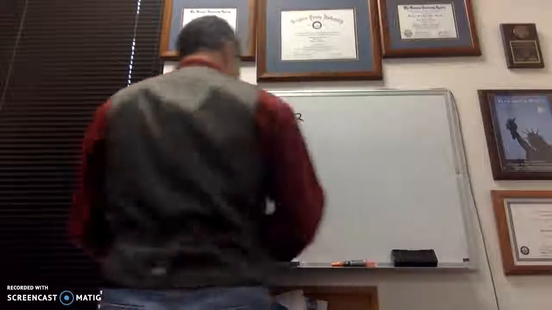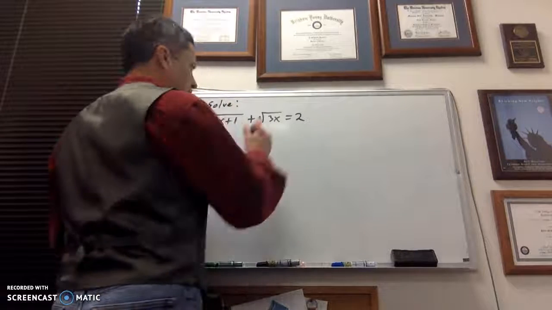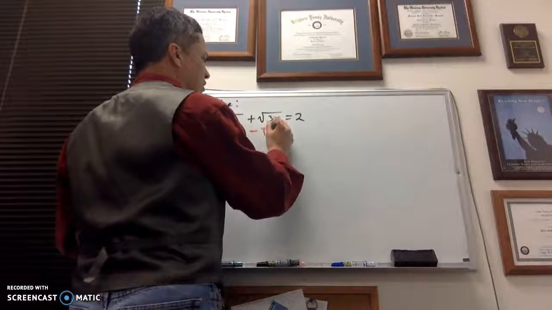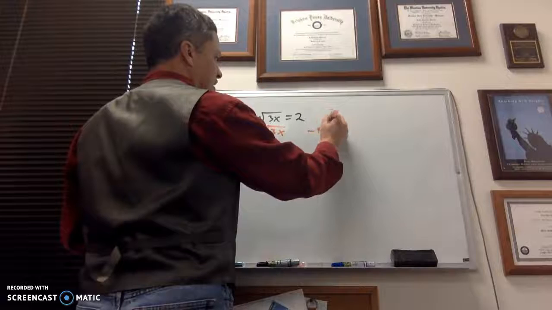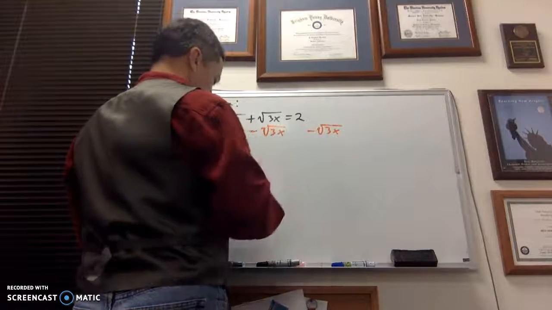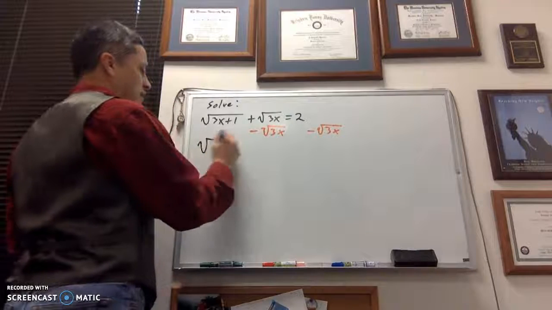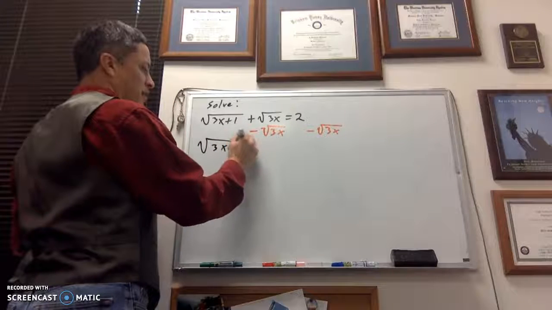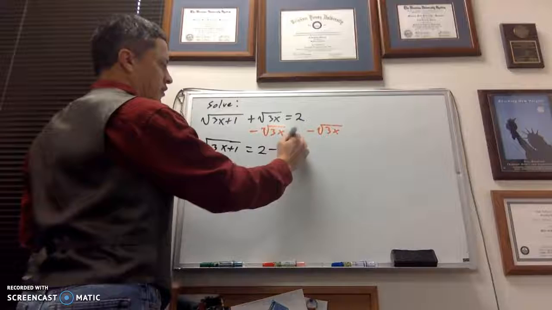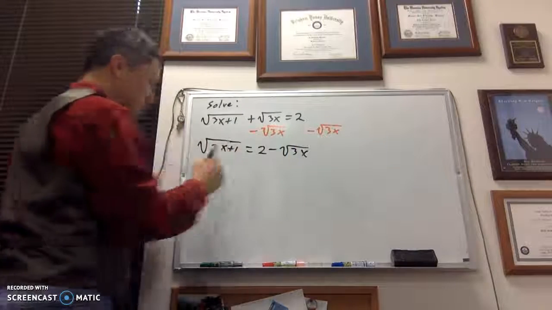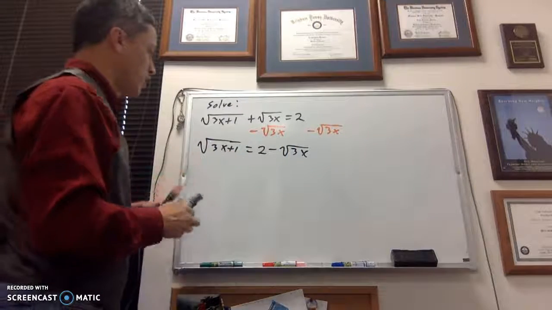Which means we're going to isolate for one radical at a time here. So I'm going to isolate for my square root of 3x plus 1 first. Now I'm going to disarm that square root of 3x plus 1.